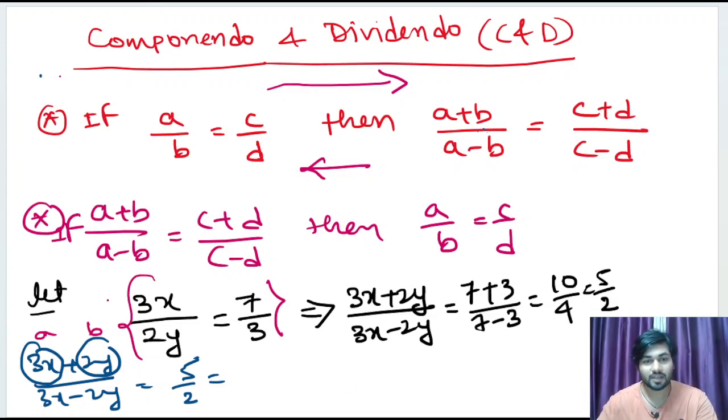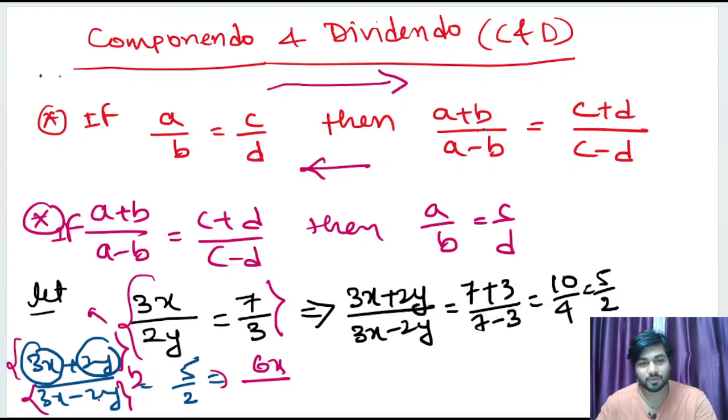See, if in this question I say that this whole is my A and this whole is my B, just for an example, then A plus B I'll have 6x, and A minus B I'll have 4y, which is nothing but C plus D and C minus D. This is my C, this is my D, so C plus D is 7 and C minus D is 3.